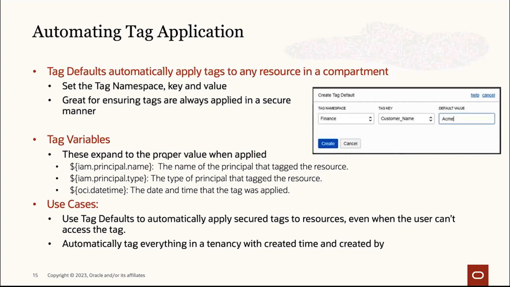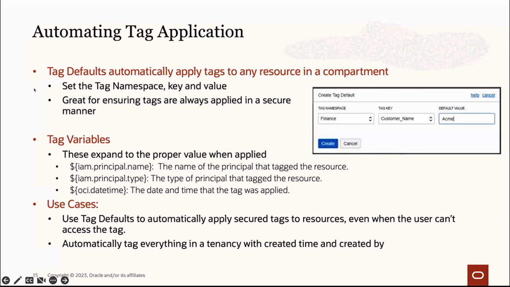So on the left-hand side here, we also have tag variables. These are used in conjunction with these tag defaults. So when you're creating your tag defaults, this is a screen grab of what it will look like. You'll have to specify a default value that will apply as the tag. And using tag variables as the default value can give you a lot of benefits.